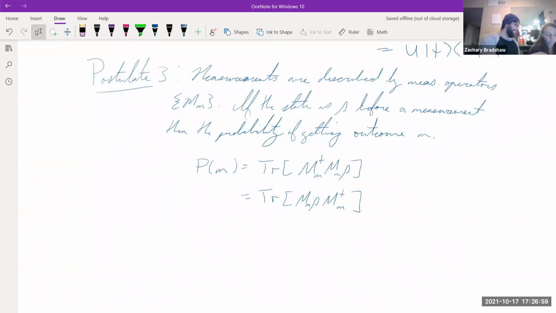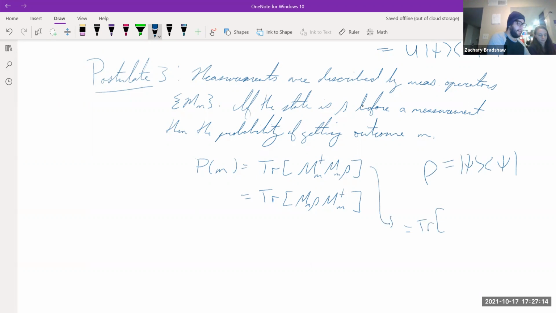So if rho is a pure state, then it can be written as the outer product of psi with itself for some pure state psi. And so what we get here is, I'm just going to use this form.